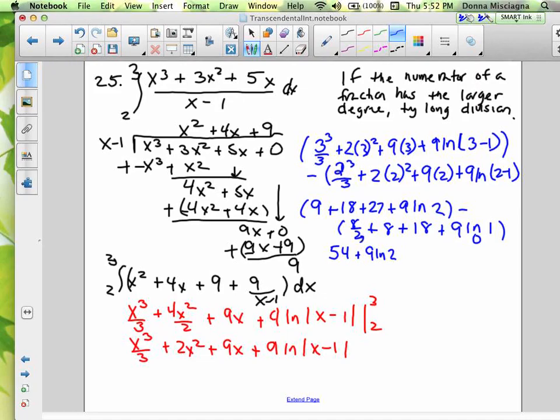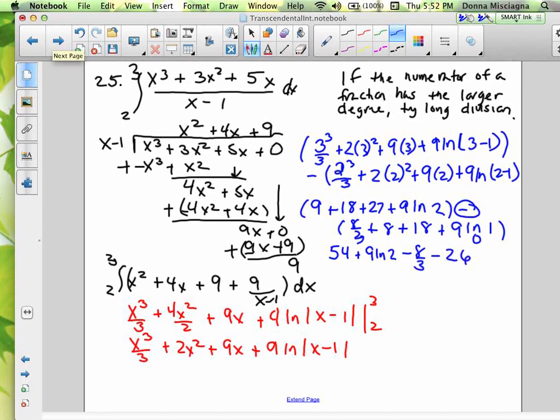And then, oops, this is 1/3. And then 26, and then plus 8/3. Oh, excuse me, we're subtracting. Never mind that. So be careful about your negative. Minus 8/3 minus 26, right?